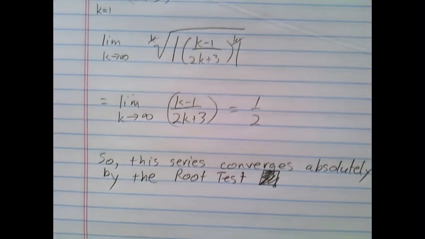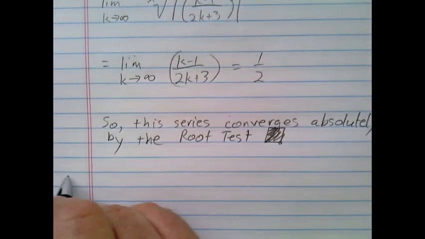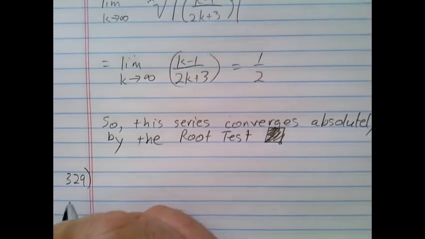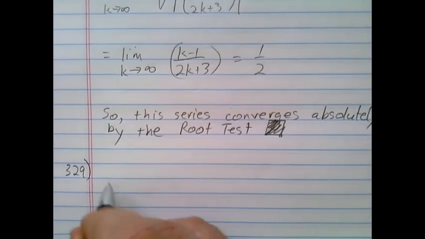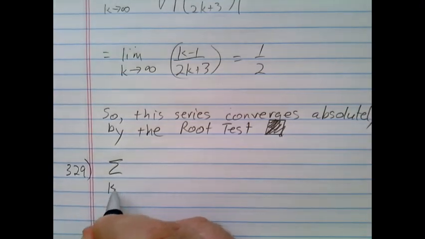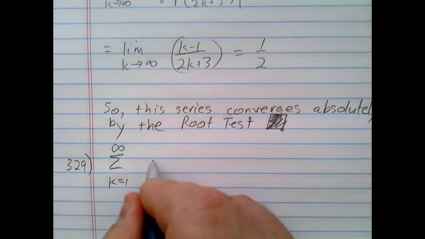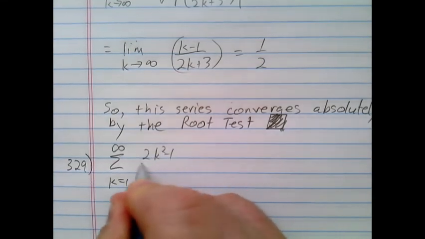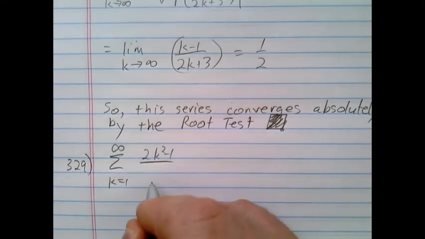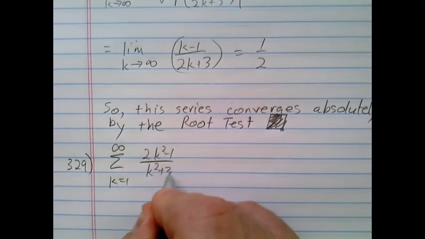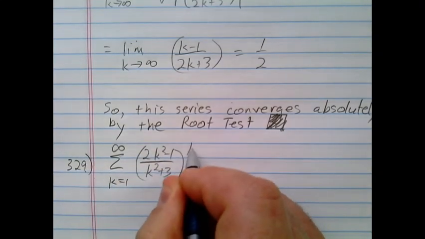I wanted to also do problem 329, very similar to 328. In 329, we're given that the kth term of our series is (2k squared minus 1) over (k squared plus 3), but then again, everything is raised to a k.